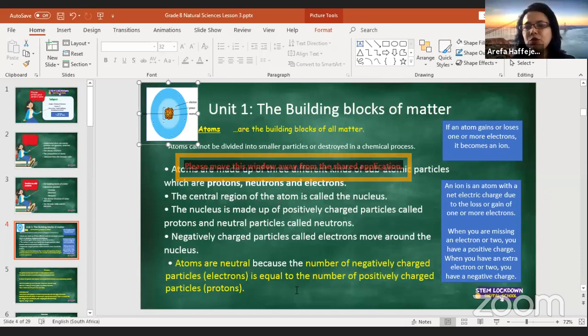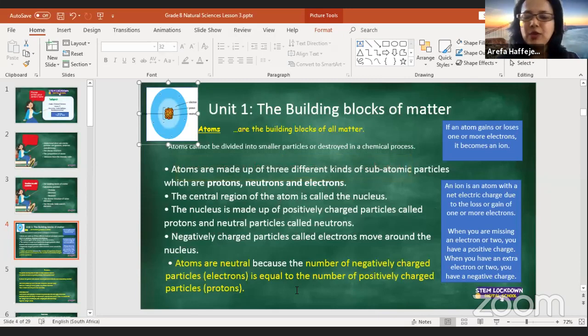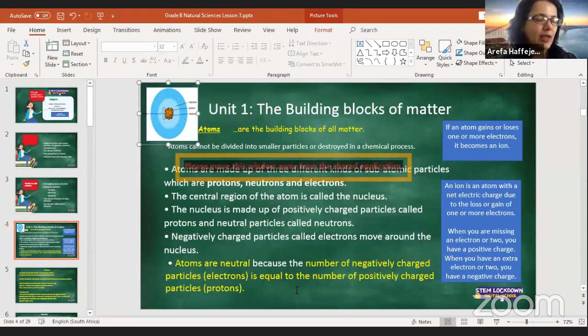So, for example, if you are holding apples in both hands, say you have 5 apples in your right hand and 5 apples in your left hand, the number of apples in each hand is equal. Just like in an atom, the atom is neutral when the negative charges, which are the electrons, equal the positive charges, which are the protons.